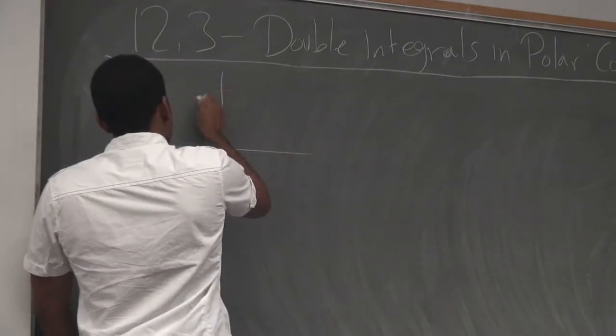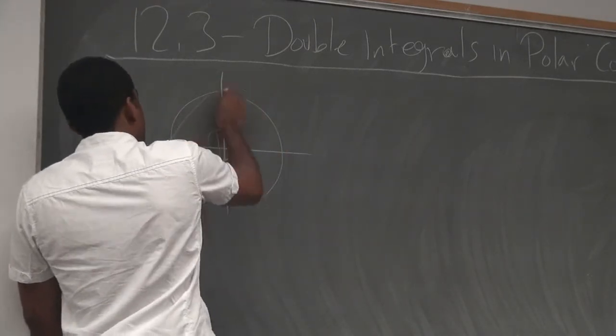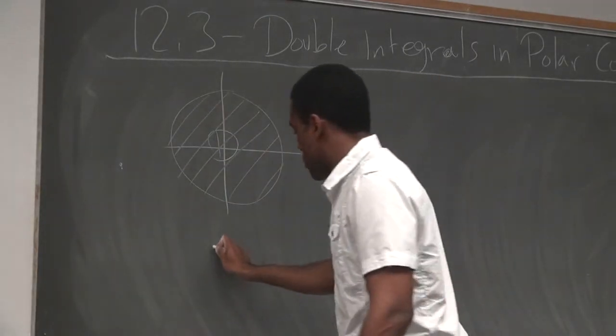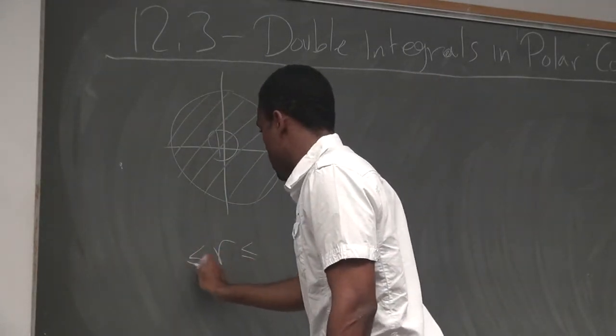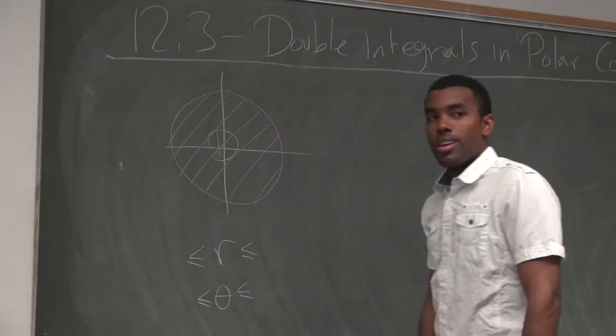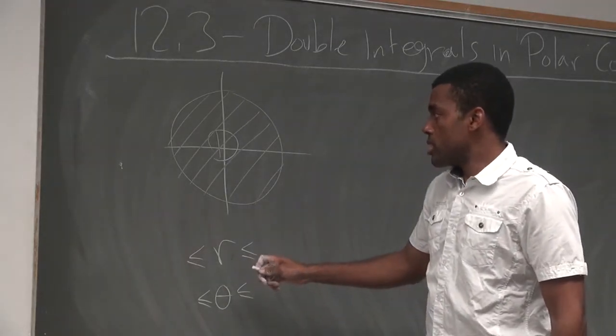Let's describe this region. We did this sort of on day 1, if you guys remember. If you wanted to describe this in terms of polar, like r and theta. Remember r is the distance from the origin.